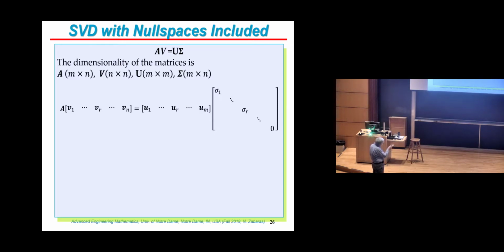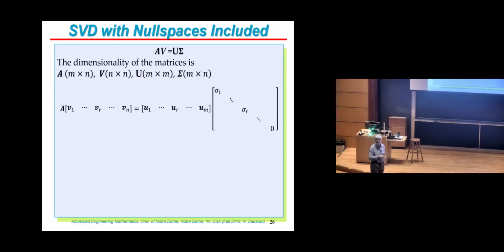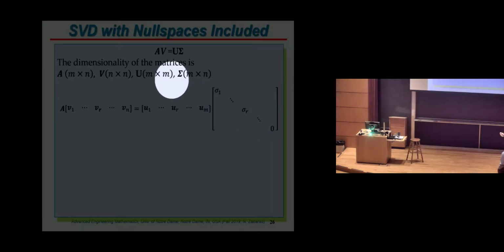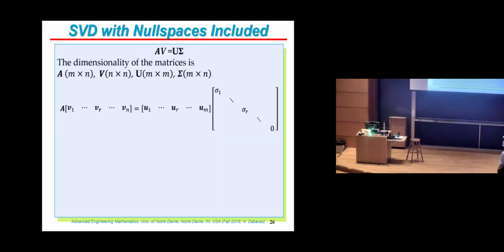But the bottom line is we can do this extension by adding all these zeros here in the right corner. And you don't really need to compute the basis for the null spaces. You only do it so that this equation looks nice, involving a rectangular V and a rectangular U. That's all. So it's very possible in the homework, unless you really need to do it, you don't have to bother. You can even leave it blank, because it doesn't matter what you put in. You will get 0 equal to 0. Okay? All right.